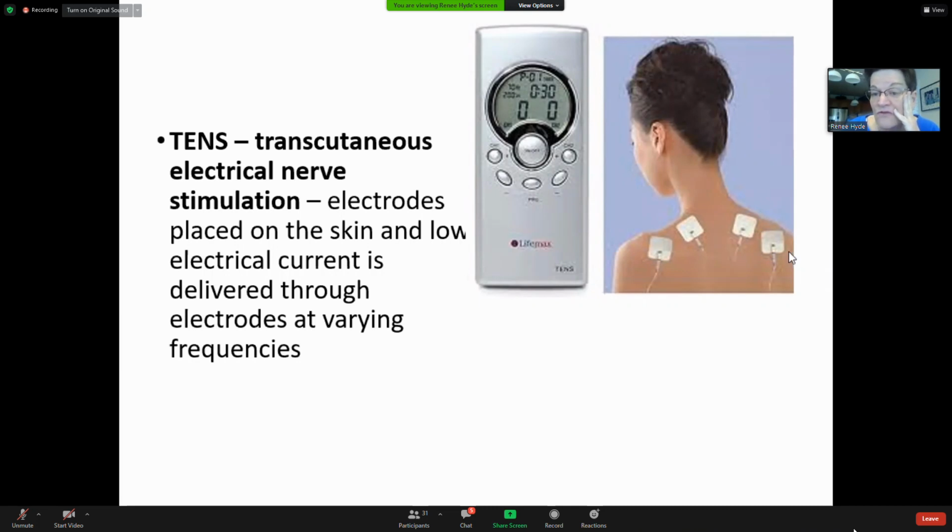And so what you feel is the skin stimulation instead of the nerve pain, okay? Now, you can't leave these on all day long because, again, you do develop tolerance. Typically with TENS units, they recommend no more than 2 to 3 times a day for about 15 minutes, but they can be used.